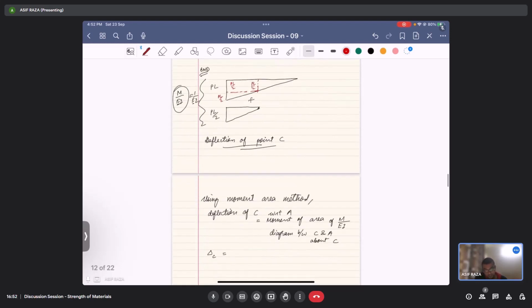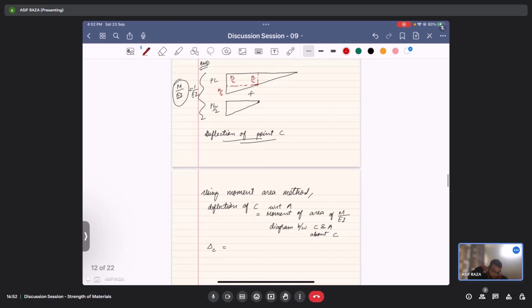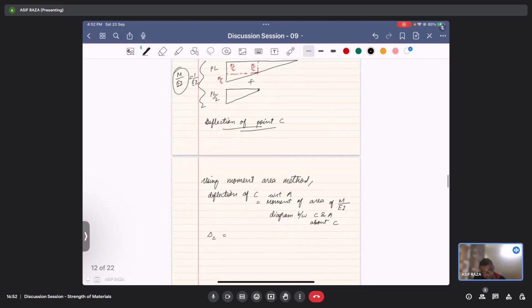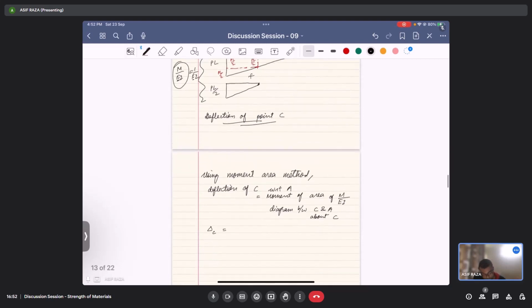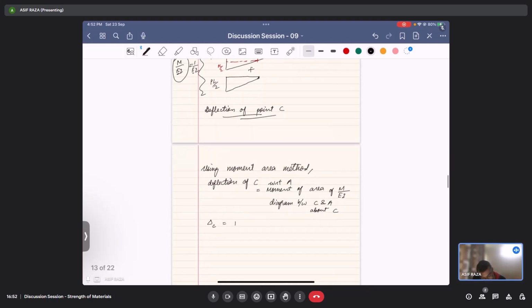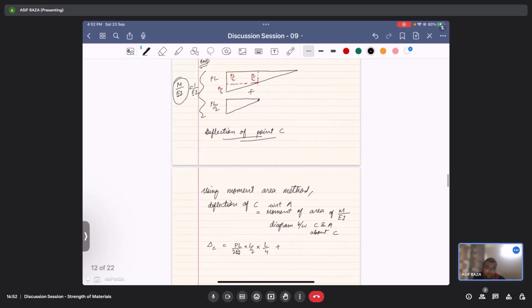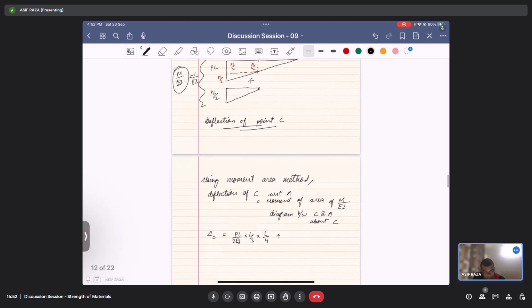Now we can compute the moment. First take the rectangular part. This is equal to PL by 2 EI times L by 2, and the moment arm would be L by 4, right?